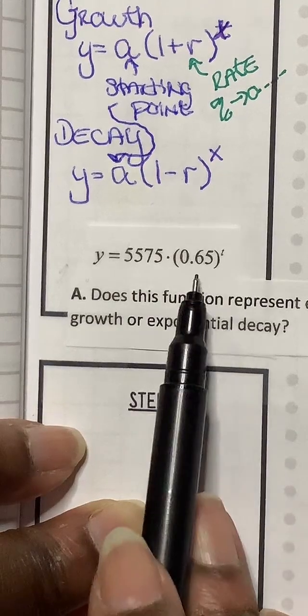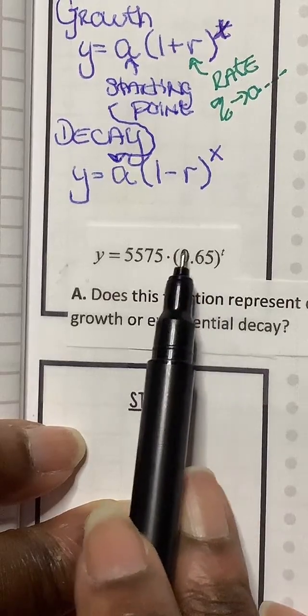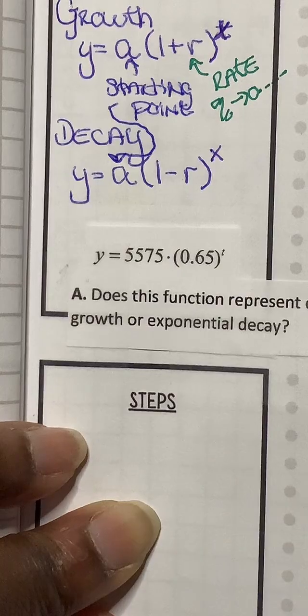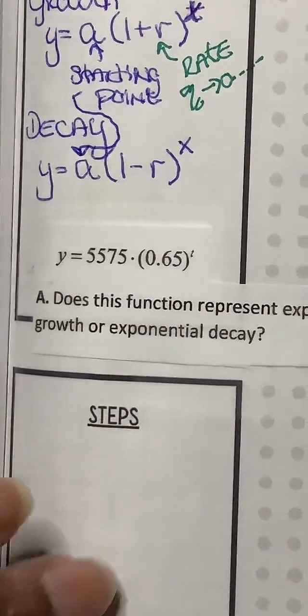So, 0.65. Do you think it's going to be a growth or a decay? Okay, Michael R. says decay. What do you guys think? If you can guess. Oh, here we go with this thing.